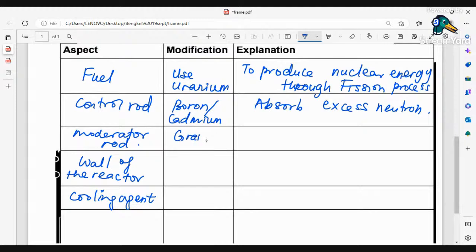Moderator is graphite to slow down the neutron for fission to occur.